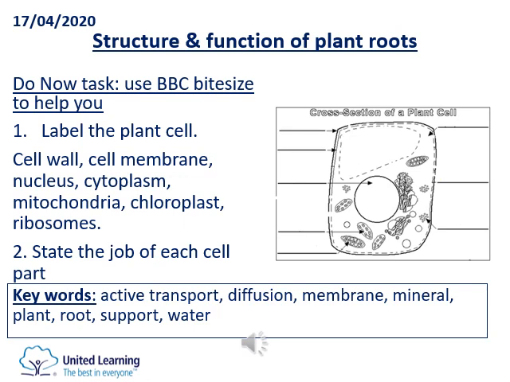So I've labelled my cell wall, and the second part of the task is asking you to state the function of that part of the cell. So if I don't know what the cell wall's for, what I need to do is go on the internet, for example, onto BBC Bitesize, and find out. So what you can do is just Google function of the cell wall, for example, and put it into the simplest words possible.